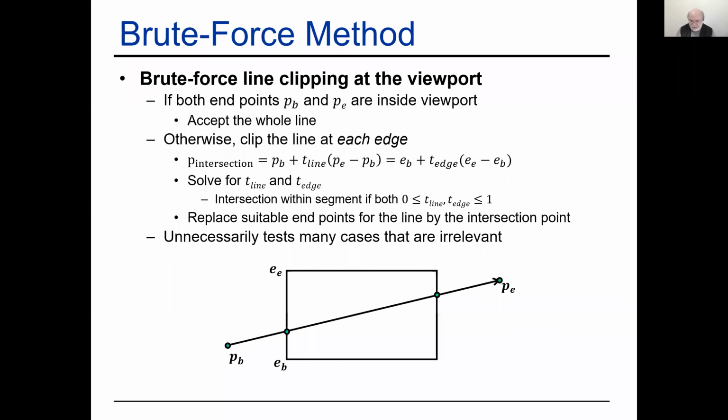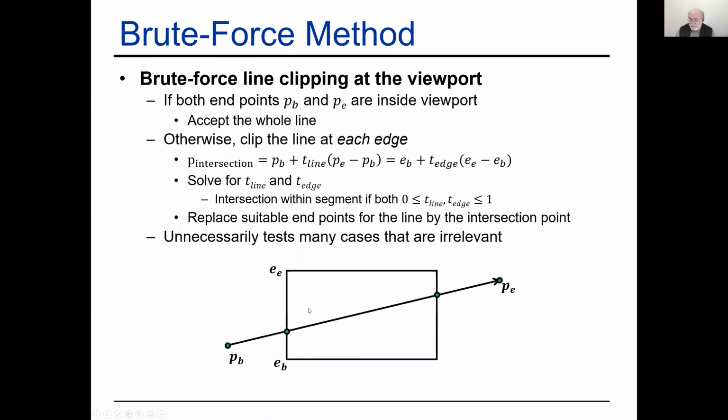Each edge essentially defines a half space. One half space is in, and the other half space is out. So for this edge here, the left of this edge is the outside, and the right is inside, at least partially inside the triangle in the screen here.